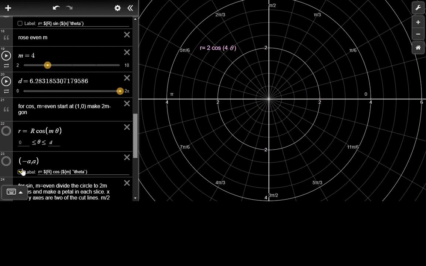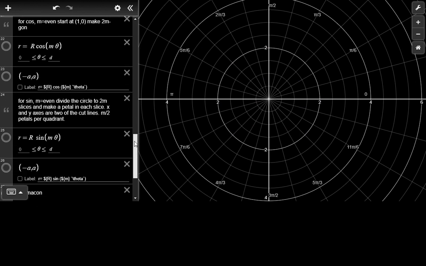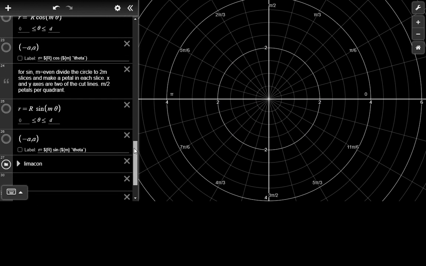So let's take this picture out and let me reset. Now let's look at the case of sine of an even multiple of theta. In this case, we said an easy way to think about this is to take a pizza and slice it up into 2m slices.